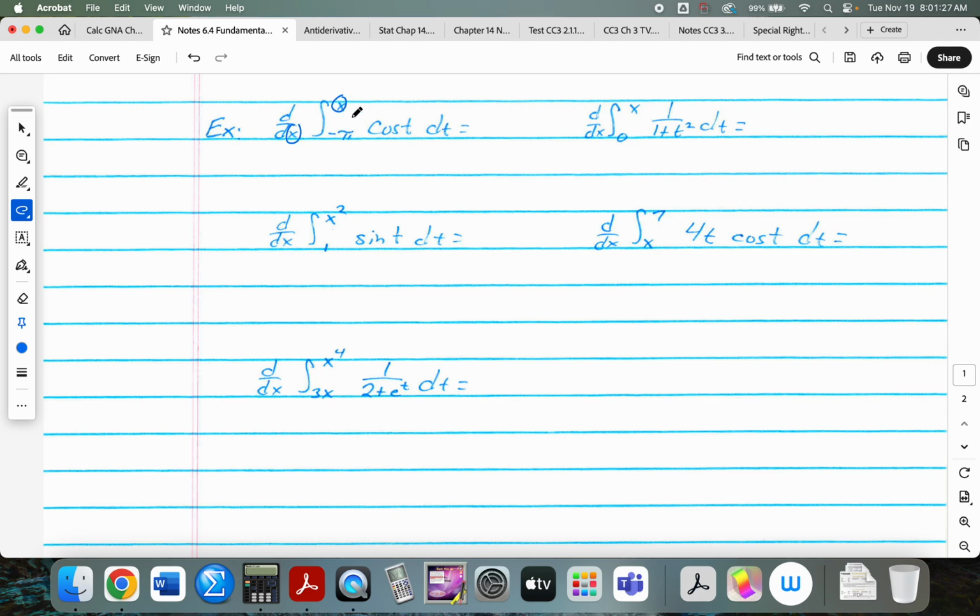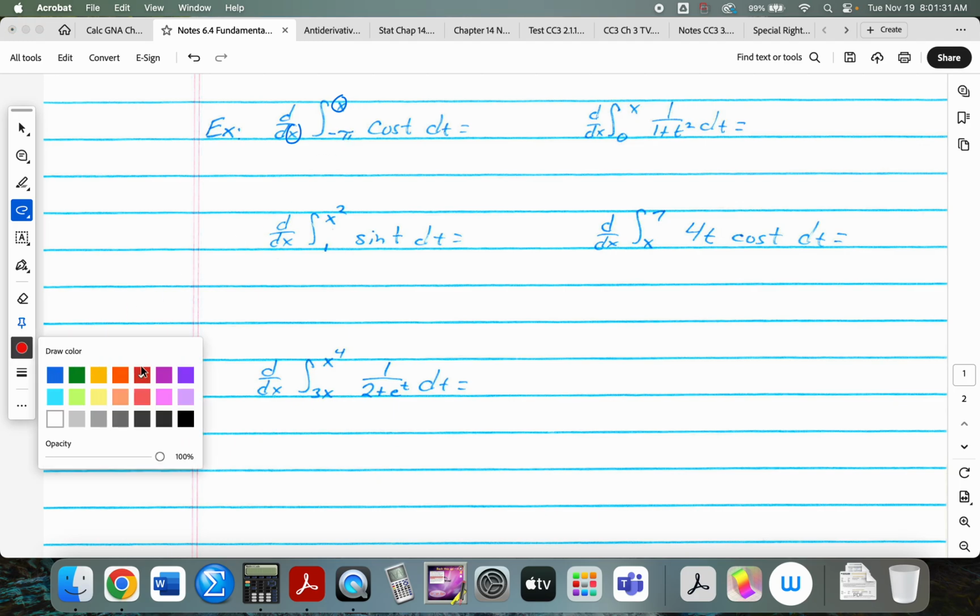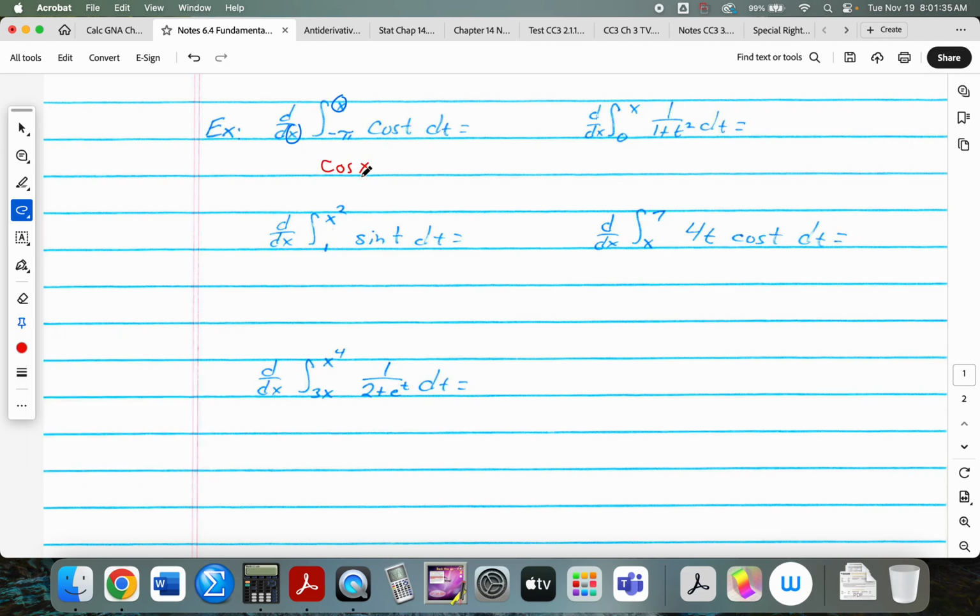We're doing the integral from some constant to x. It doesn't really matter what constant that is. This is just going to be cosine of x. Again, it does not matter as long as this function is continuous. If the function's discontinuous, we have some problems with it.